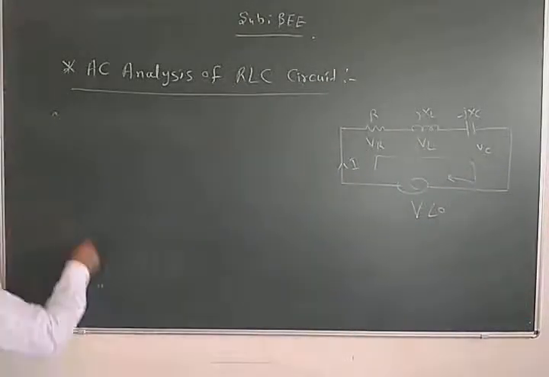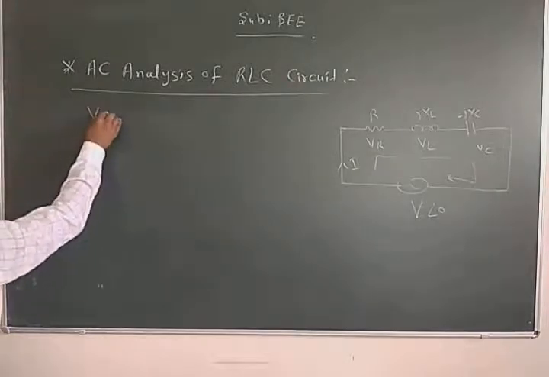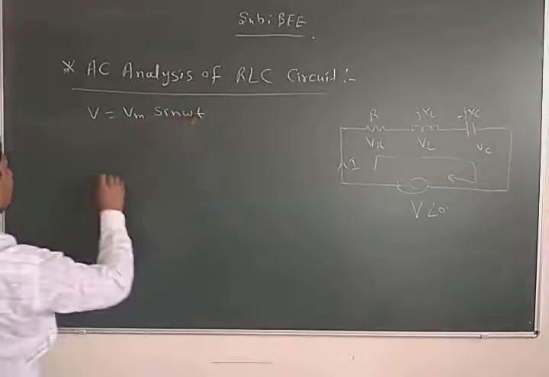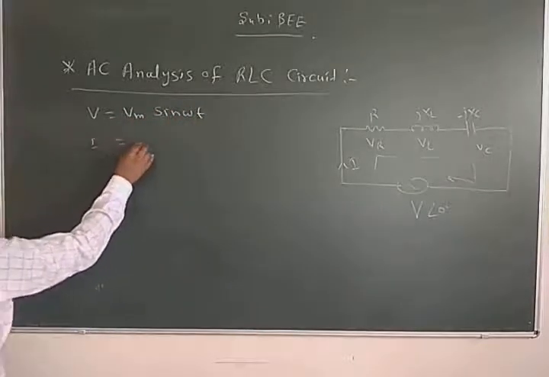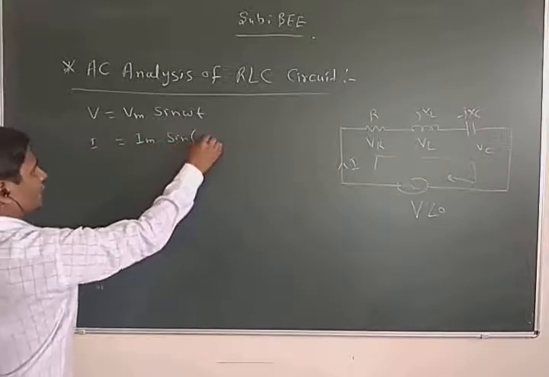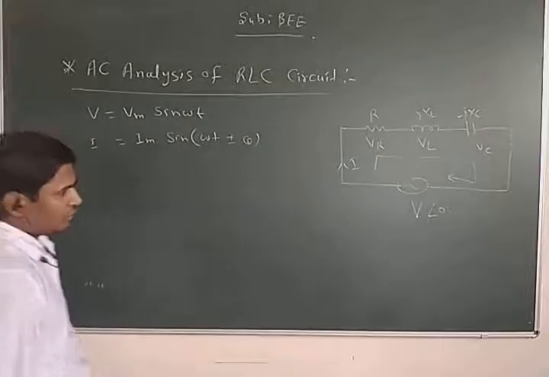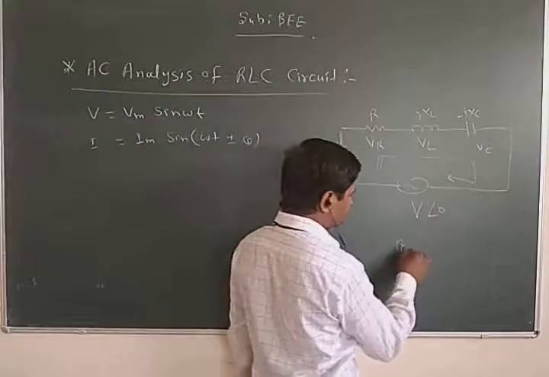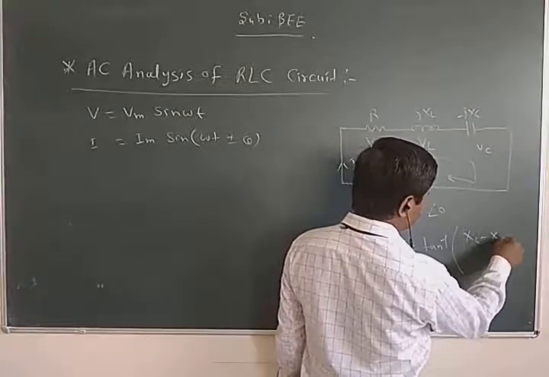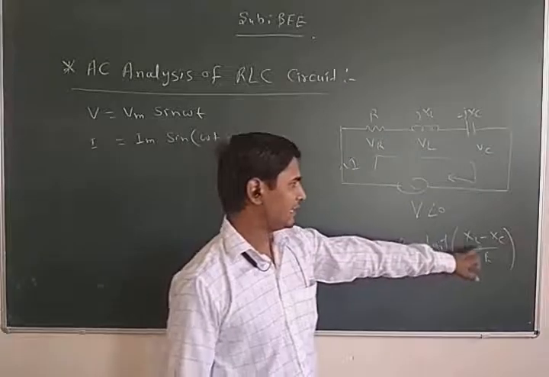In trigonometric form, if we represent V is equal to Vm sin omega t, then I is equal to Im sin (omega t plus or minus theta), because the value of theta, that is tan inverse of (XL minus XC) upon R, depends on the values of XL and XC.